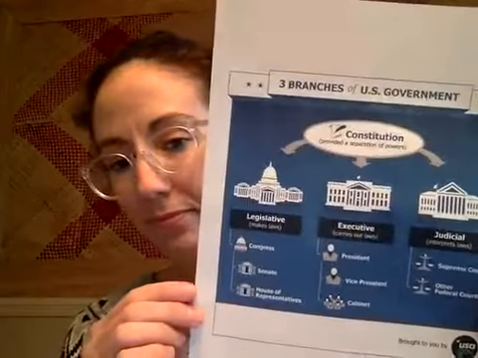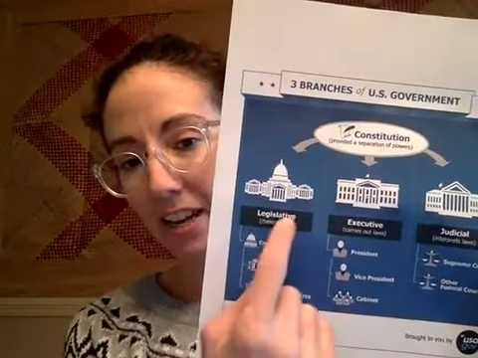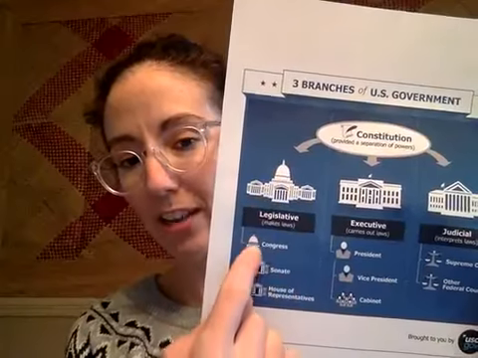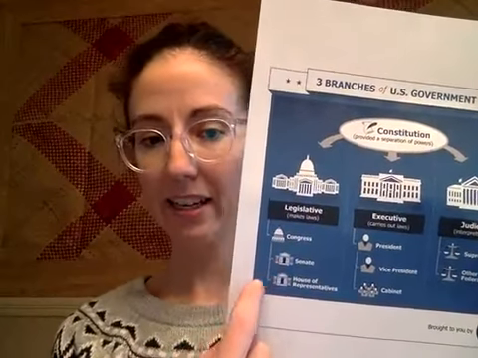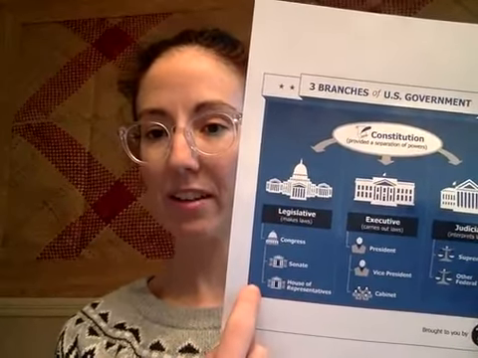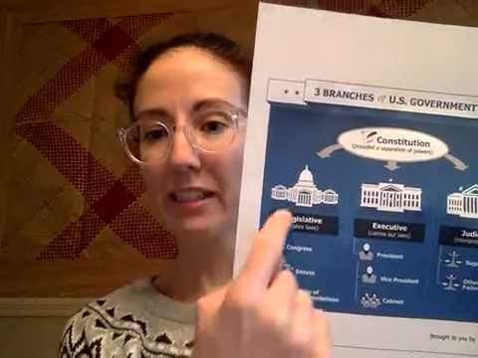And 3, U.S. or national legislature. So if we go back to our chart, we can see that the legislative branch has the Congress, the Senate, and the House of Representatives. So this branch mainly is in charge of making federal laws.